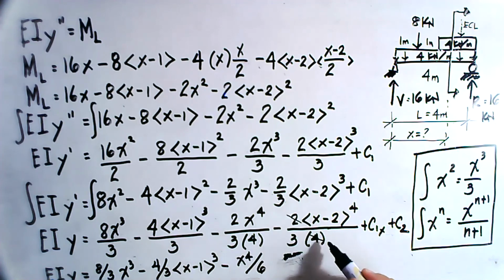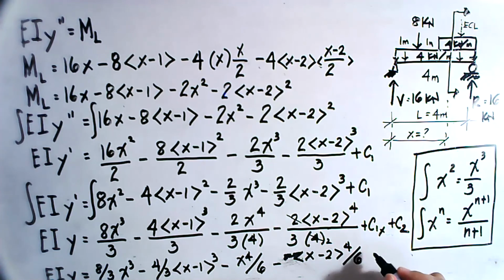This would cancel out. This would become 2. So you have x minus 2 raised to the fourth power all over 6 plus c sub 1 x plus c sub 2.